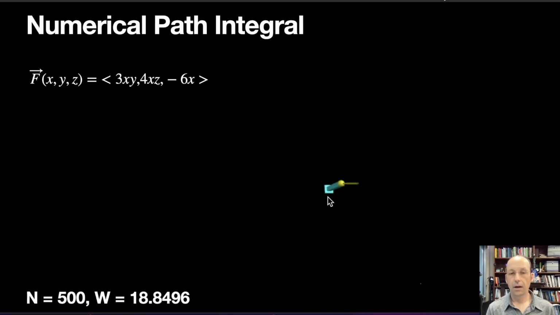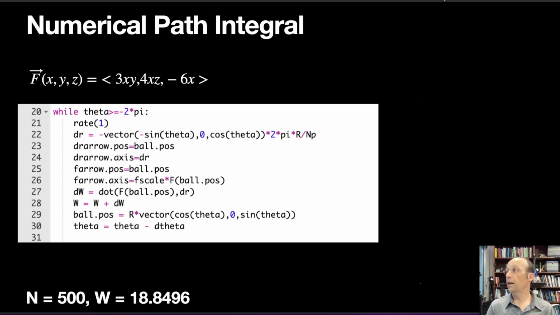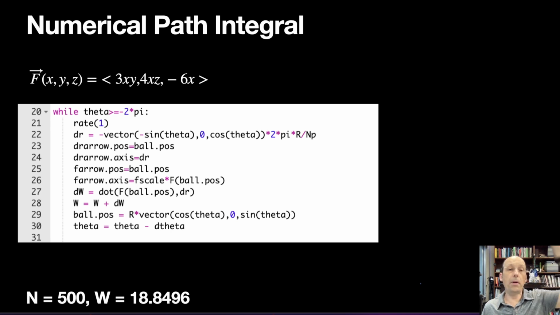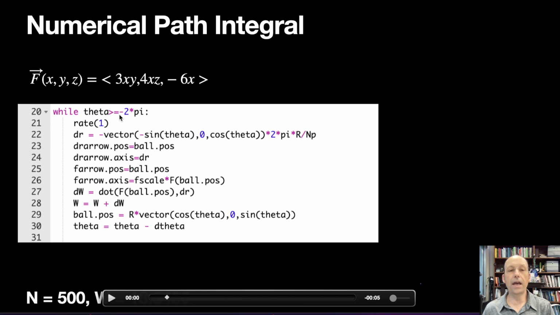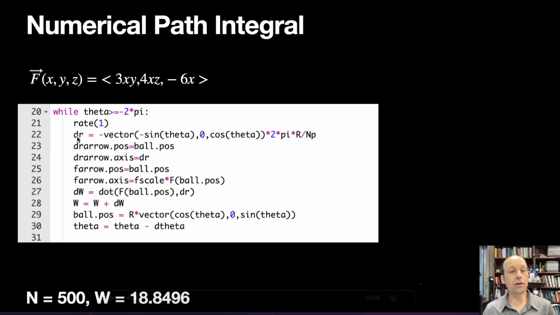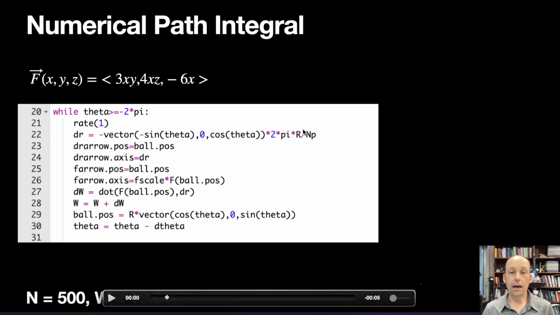Okay, so here's the code for that. After I define theta, I define d theta. D theta is just 2 pi divided by n, because I need to make sure it breaks into the same pieces. And what I'm going to do is move theta as long as it's greater than negative 2 pi, because I'm going in the negative theta direction. And that's just for this right-hand rule, which I don't want to get into. So in each step, I need to find the direction of dr and the magnitude.